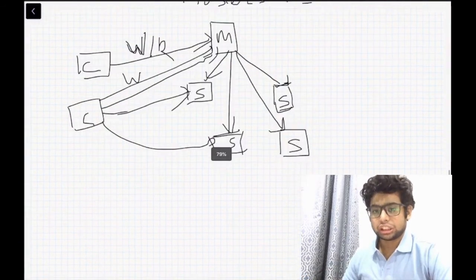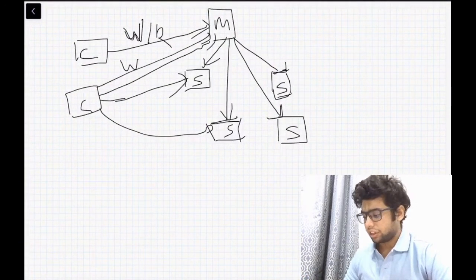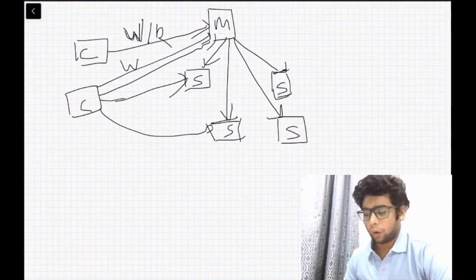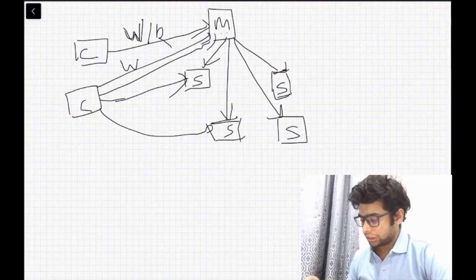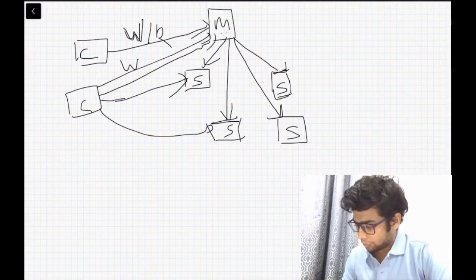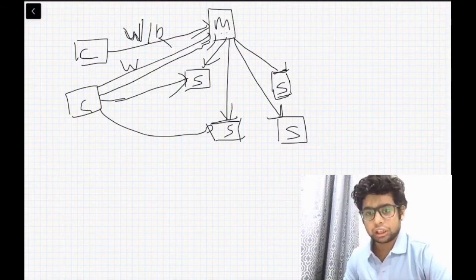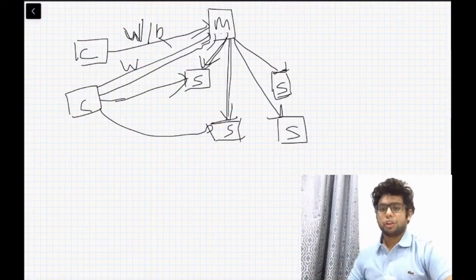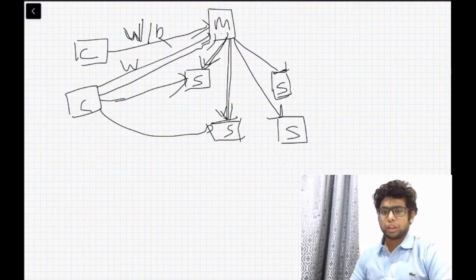Now this configuration of master slave includes the replication of the data, whatever is written on the master, to the slave. Let's say some write query is done on master, it needs to be replicated on the slave. Now if we think about it, there can be two ways in which these queries can be replicated.